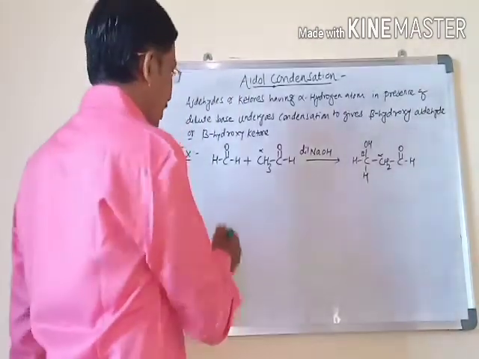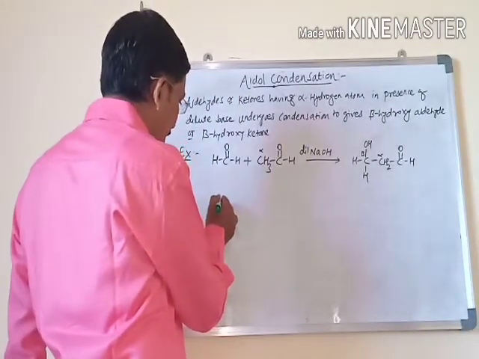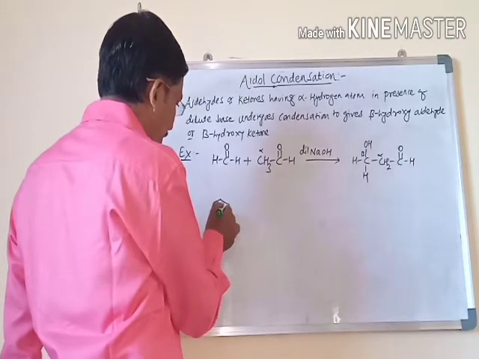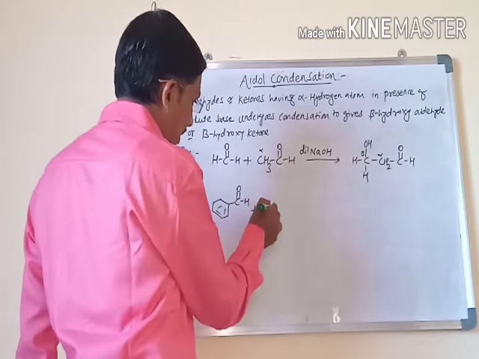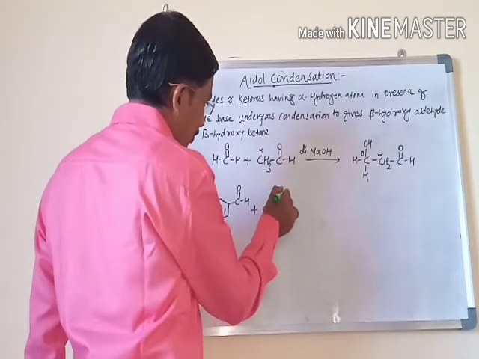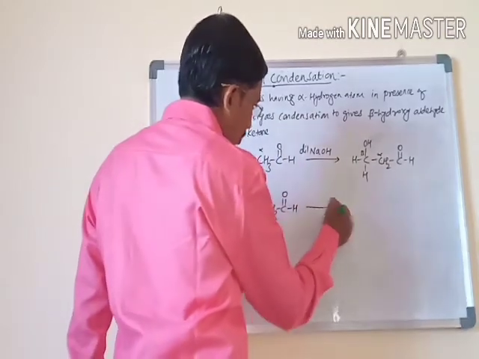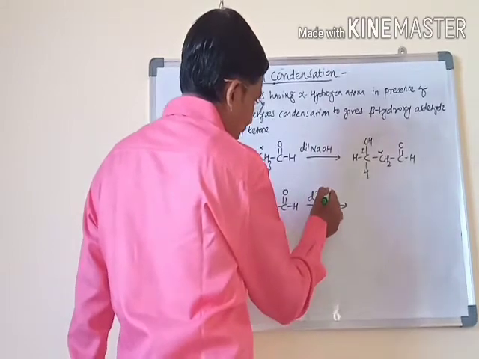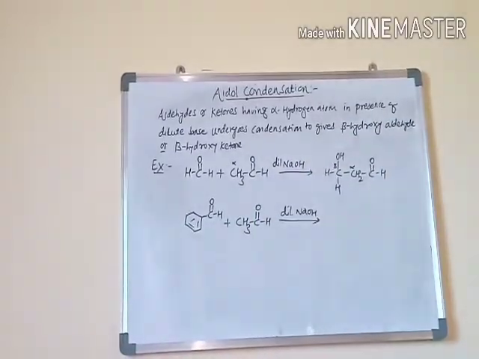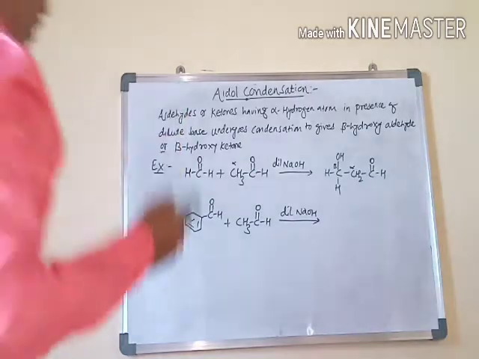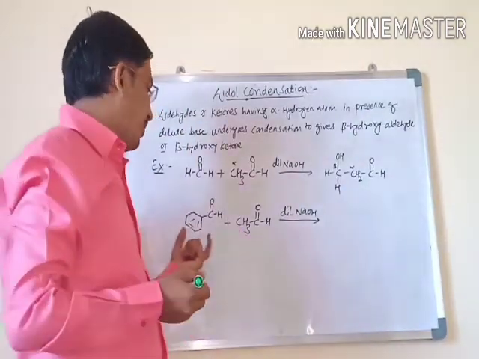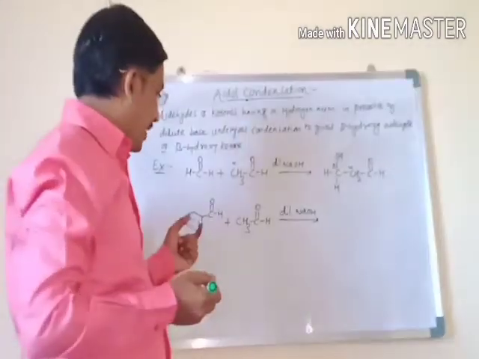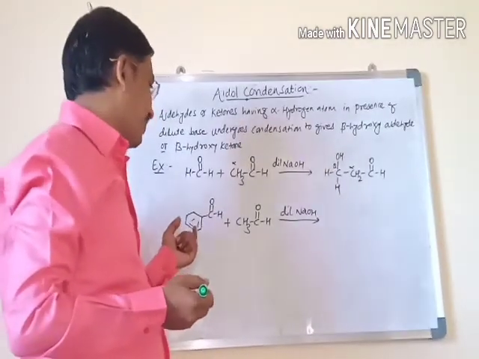If you take benzaldehyde and acetaldehyde CH3CHO, again out of two, acetaldehyde has the alpha hydrogen atom while benzaldehyde doesn't.